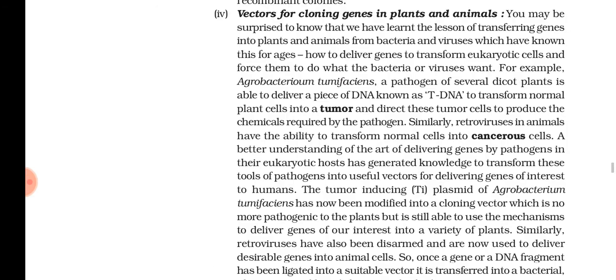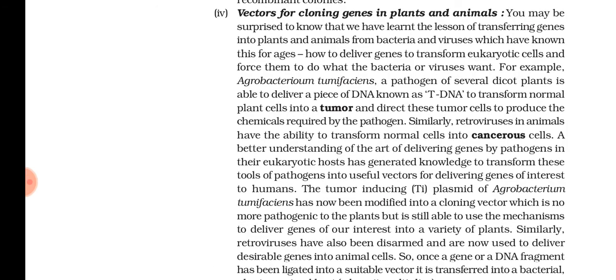What we have studied is how Agrobacterium tumefaciens is used in biotechnological methods, using the tDNA from them. So this was the natural phenomenon: the tDNA will be inserted into the plant host, and then they direct the plant cells to produce the chemicals that are needed for the tumor, or the pathogen's growth.